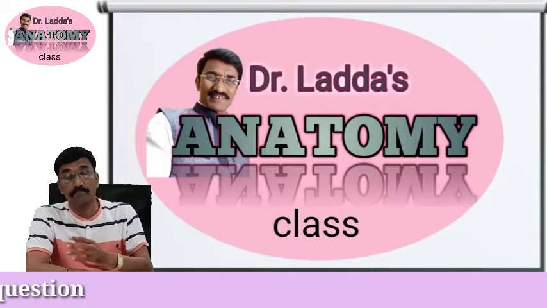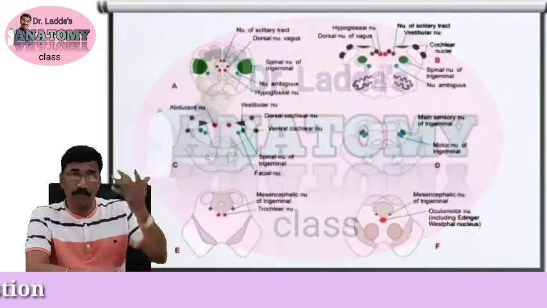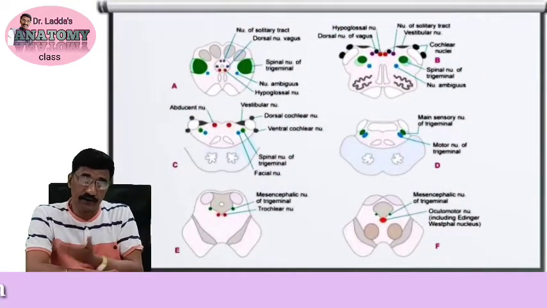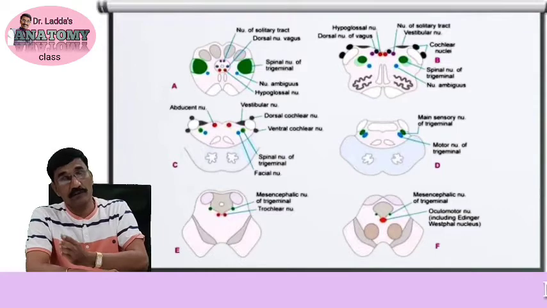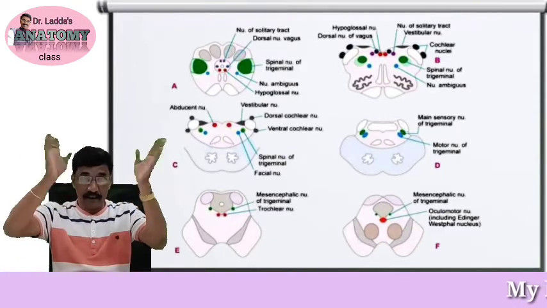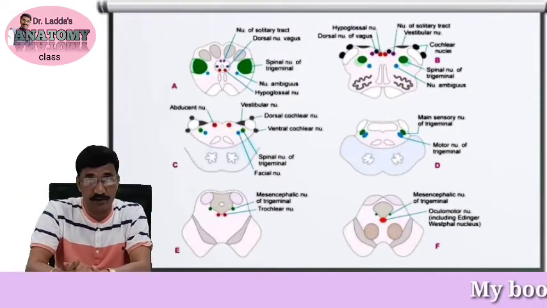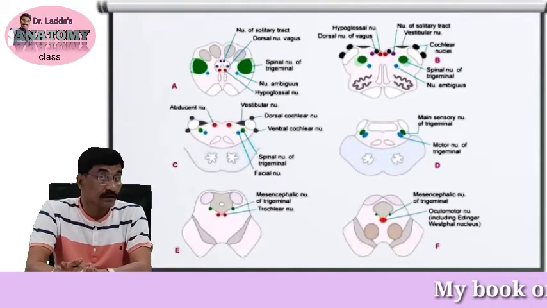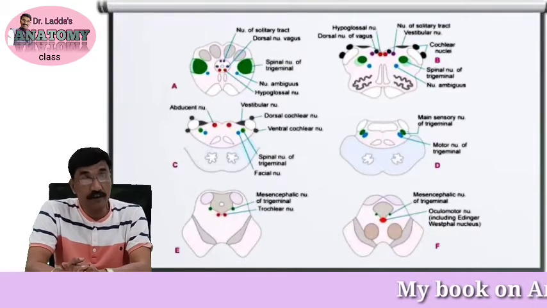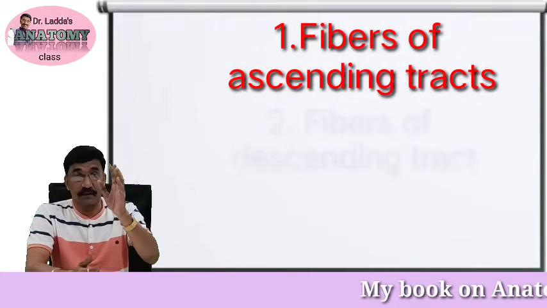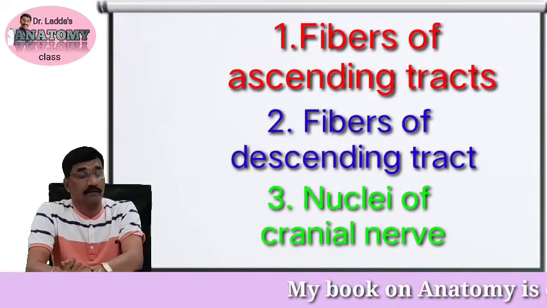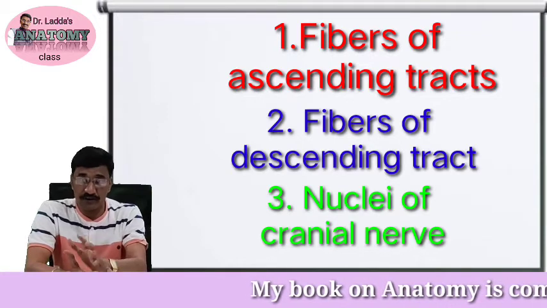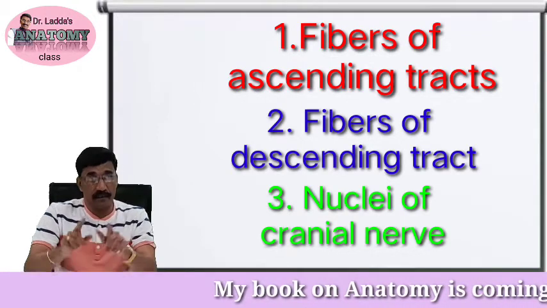And lastly, the fibers which are ascending up, coming through the spinal cord, also pass through the brainstem so that they can reach their destination, their target. So the ascending fibers, the descending fibers, and the nuclei which compose the brainstem, all of them take part.